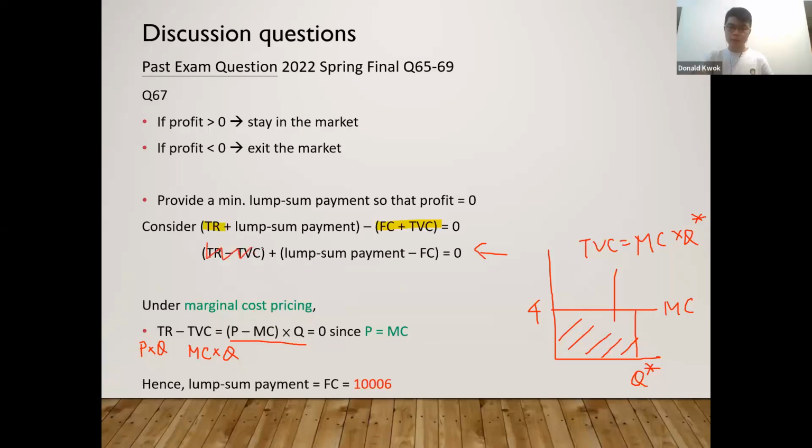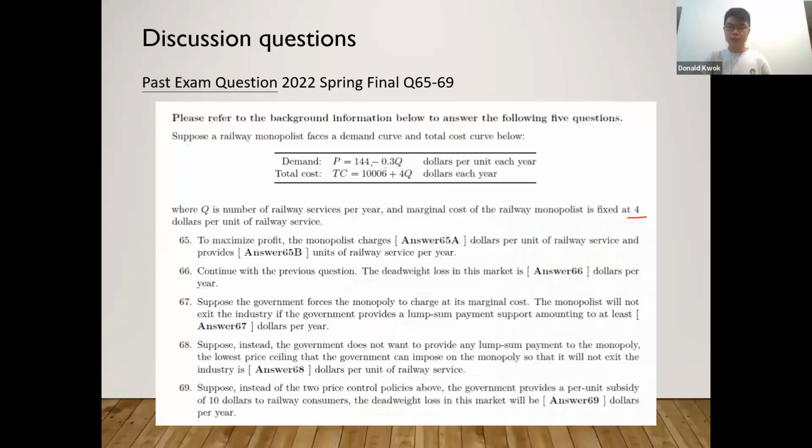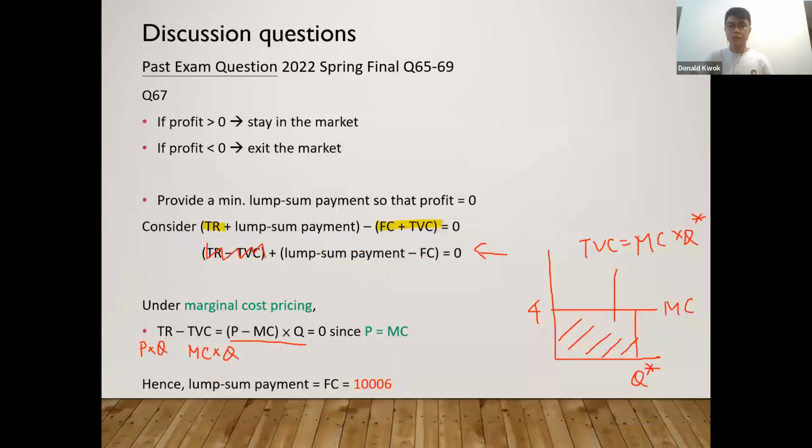So what remains in this line is lump sum payment equals fixed cost. What is the fixed cost of production? It will be 10,006 because this is the part of cost that does not vary when output changes. Or simply, you still need to pay this amount when producing 0 units. So 10,006 will be the fixed cost, which is also the lump sum payment required in this question.